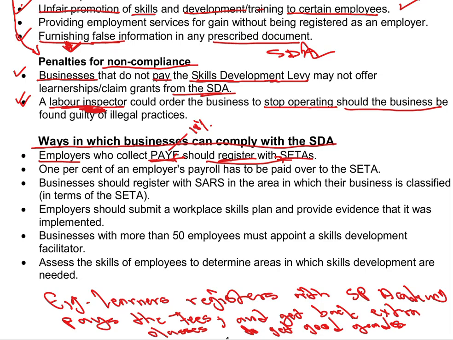So let's revert back now. Employers, these are the owners of the business, these are the bosses.